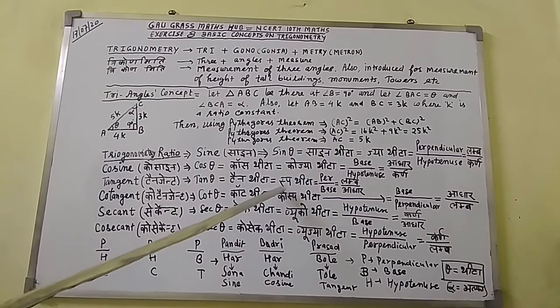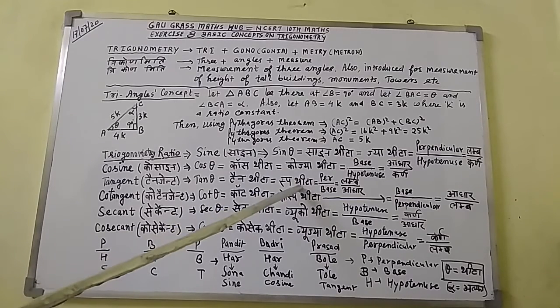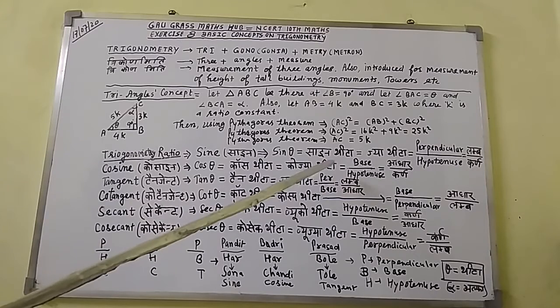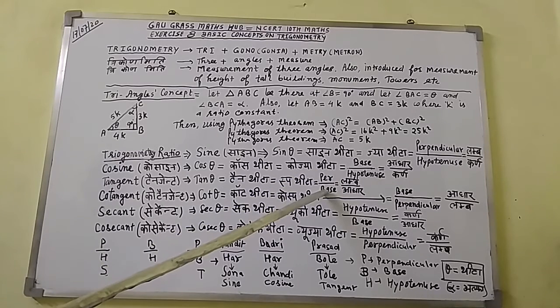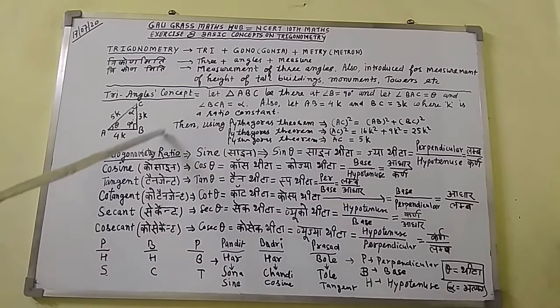So here as per theta, in this case you can say perpendicular upon base, lamb bata dhar, that is known as tan theta.